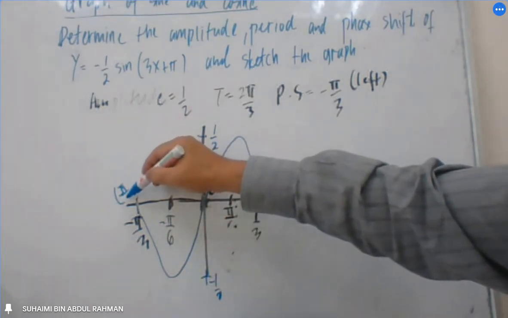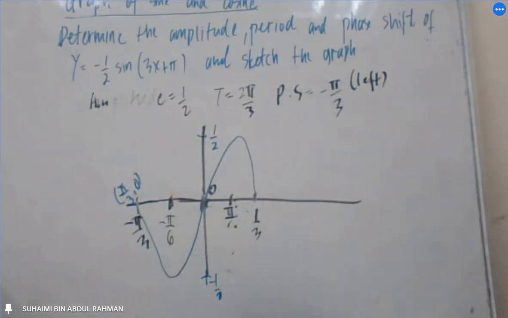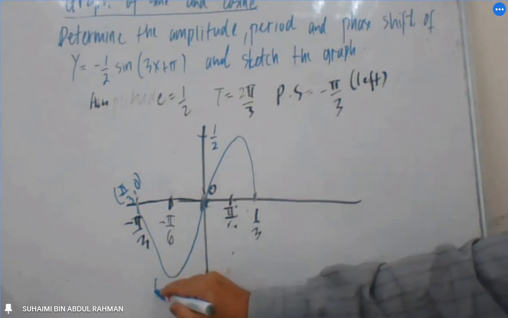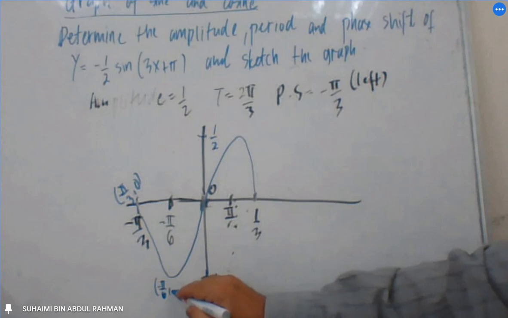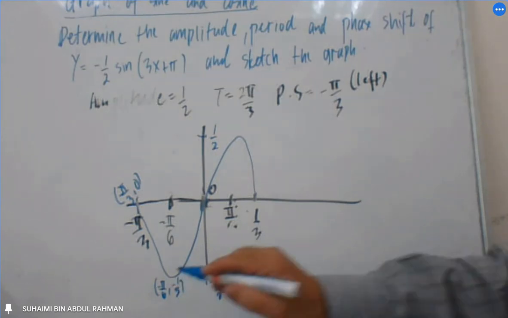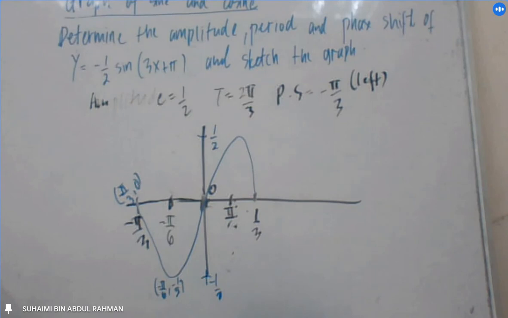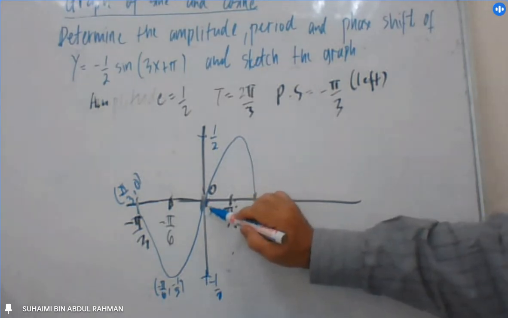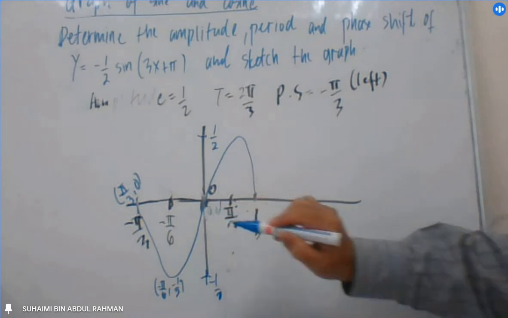Minus pi over 3, 0: minus pi over 3 for x and 0 for y. What is the value here? Minus pi over 6, minus 1 over 2. The point here is 0, 0.